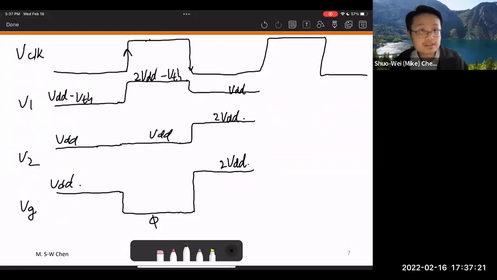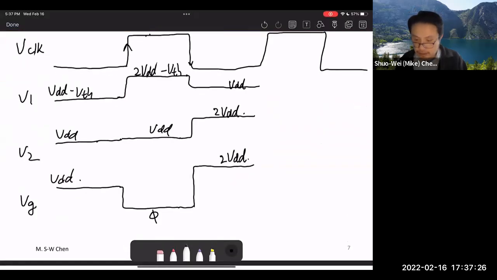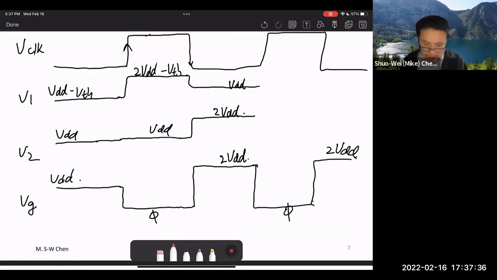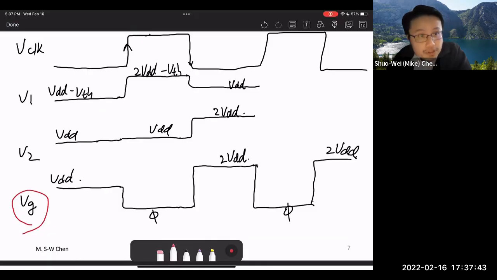You see, in this case, it doubled, right? And then afterwards, I don't need to analyze, so you can do that at home. This basically will go down, and this will continue to VDD. So basically, the bottom line is that if you look at VG, which is the gate of the sampling switch, the swing is doubled, right?